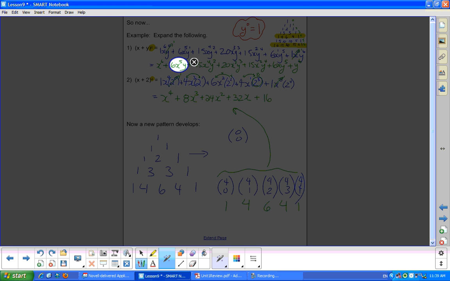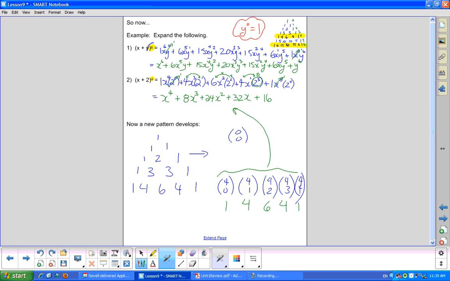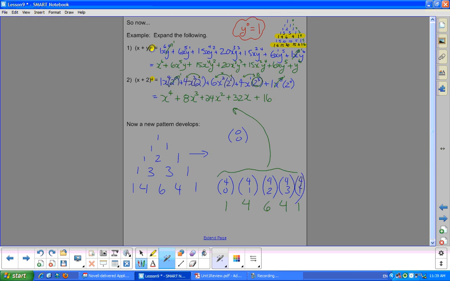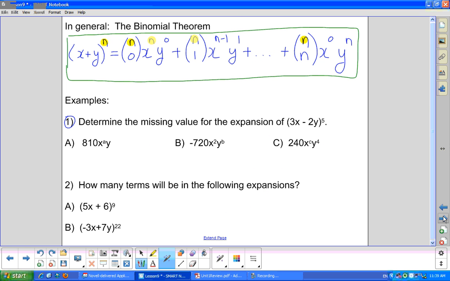So x to the 5th plus y to the 1, 5 plus 1, gives us 6. So we're just adding up the exponents to make this work out. So we know that the exponent on the y is 1. So we know that a plus 1 has to equal 5. So therefore, a must be 4. And you can jump to the final answer. I'm just showing you the steps.